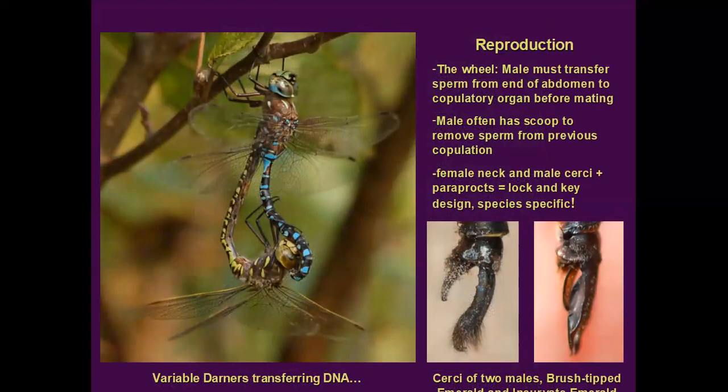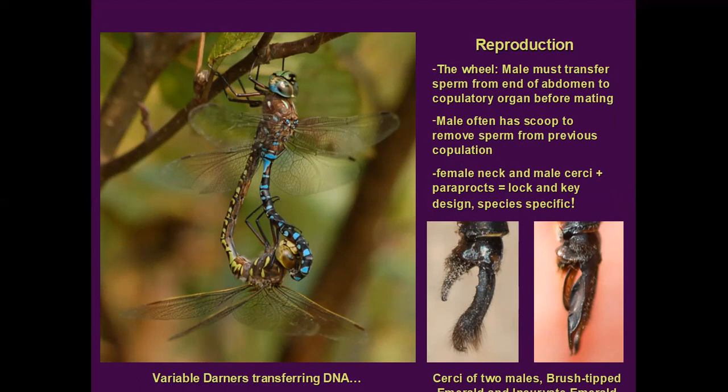It's also fascinating to have a closer look at their reproduction. So what has to happen for the dragonflies and damselflies to reproduce is that the male that you see in blue on the right holds the female behind the head with a set of claspers, and the female curves her abdomen toward the copulatory organ on the male's chest.